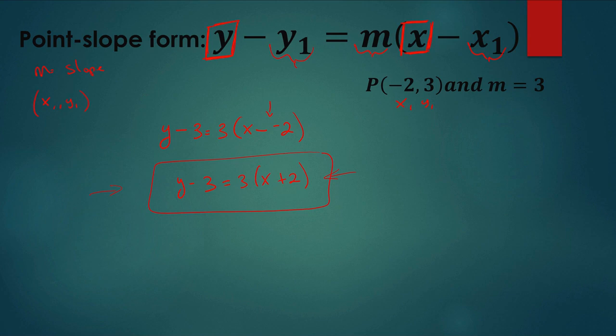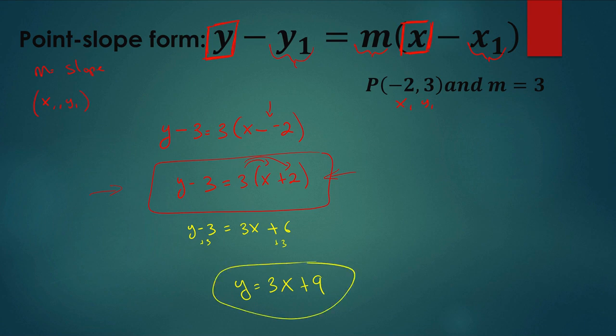But if they tell you to write it in slope-intercept form or simplest form, then we simply distribute that number in there and we simplify. So y minus 3 equals 3x plus 6, and then finally add this 3 over and we get y equals 3x plus 9. But either way, if you were to graph both of these, they give you the same thing. Okay.